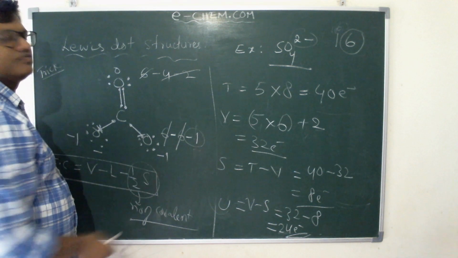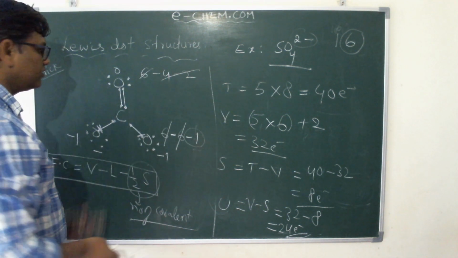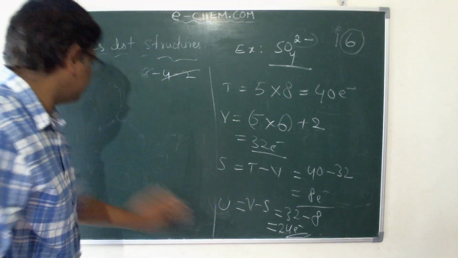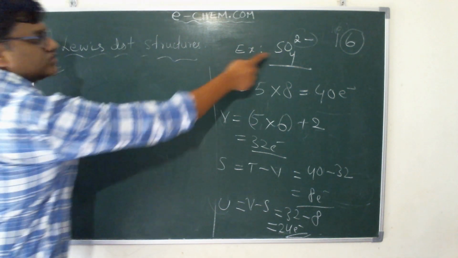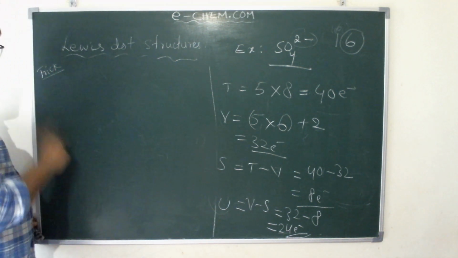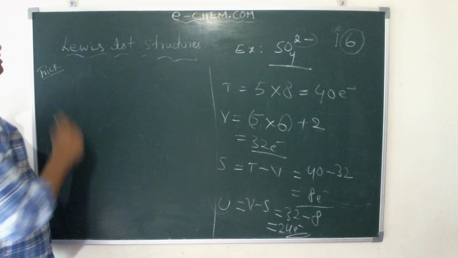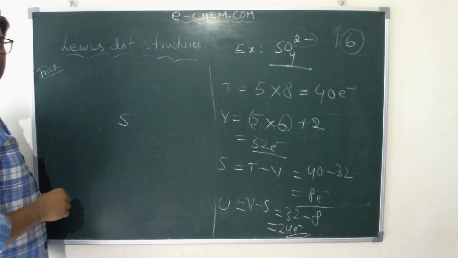So let's draw this sulfate ion according to this data. Find out the central atom. Among sulfur and oxygen, sulfur is more electropositive, so the sulfur atom is considered as the central atom.